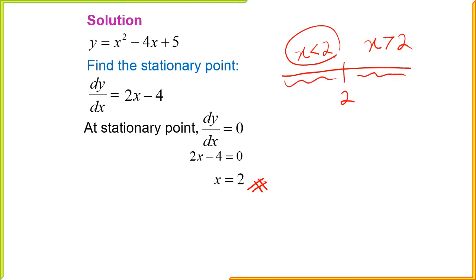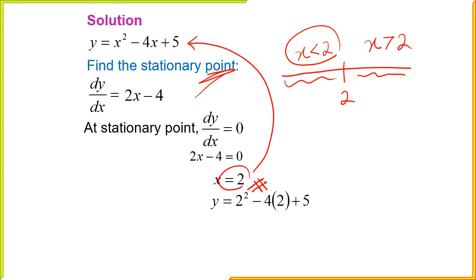We have two areas now. And then what is the point? Because we need to find the point, we need to find the y coordinate. So substitute x equal to 2 into the equation of y. We have 2 squared minus 4(2) plus 5, which is equal to 1. Now we have the stationary point.